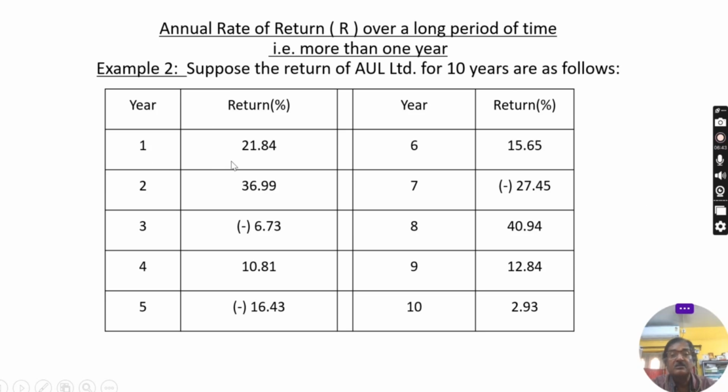That is, first year return is this 21.84%, second year return is this, and in this way, third year it was in loss, the return was negative, seventh year also the return is negative, and in this way, the 10th year the return is this.